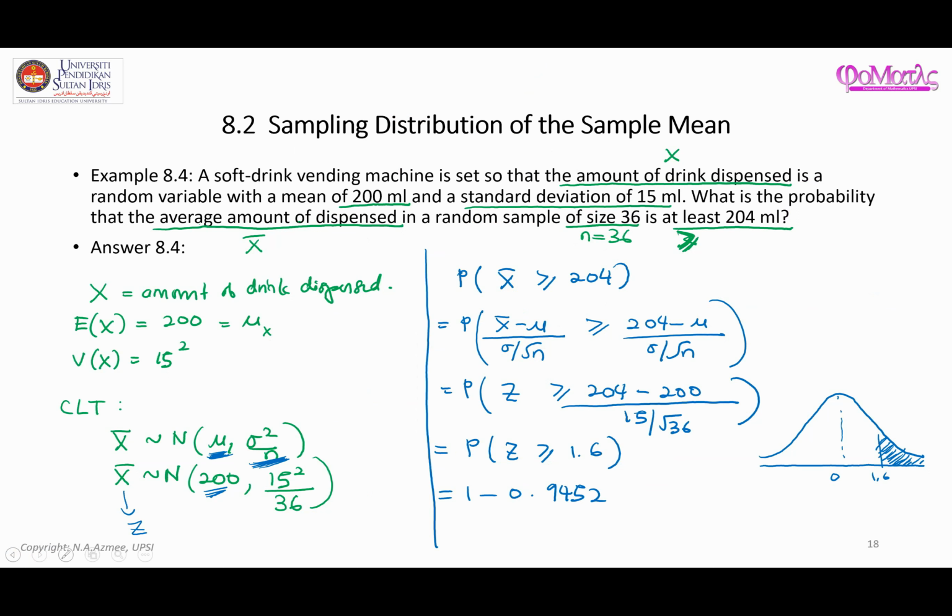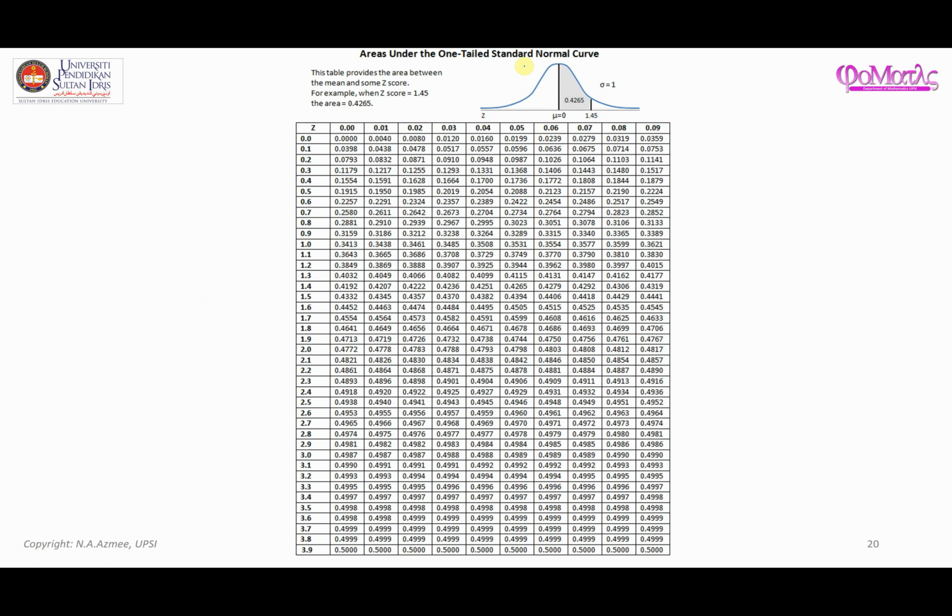So the answer is going to be 0.0548. That is the probability that the average amount dispensed is at least 204. If you want, you can try to use the other table to get the result.